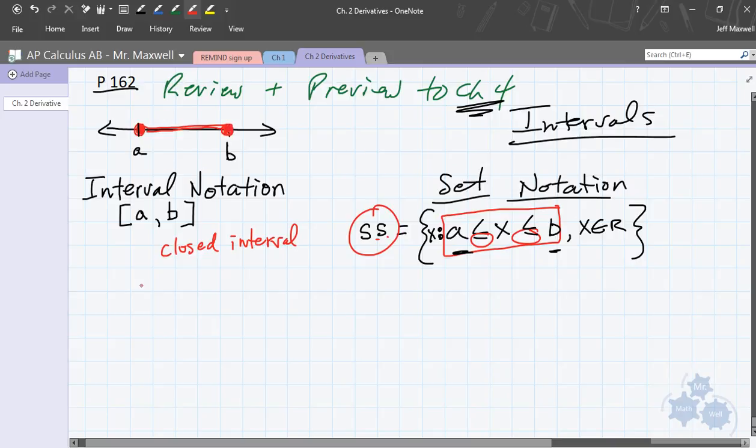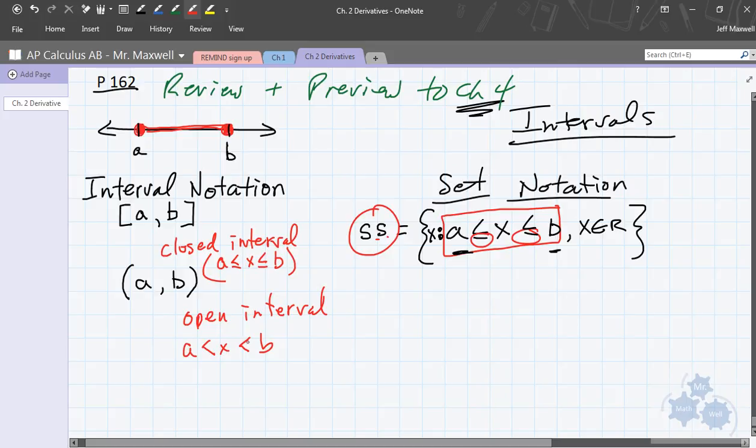If you have round brackets, this is an open interval, and that means the part of the domain that we're specifying is between A and B, but not including them, so no little equal signs there. And this one is as I mentioned. So that's the set builder notation equivalent.